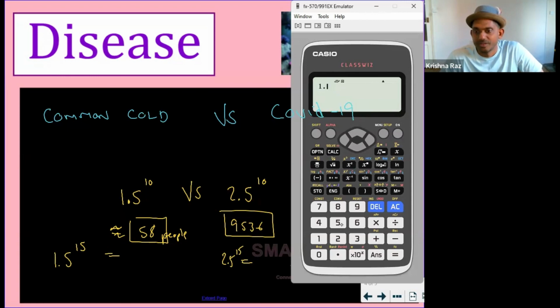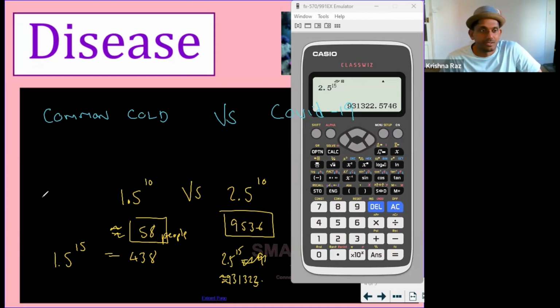So 1.5 to the power of 15 is 438. 2.5 to the power of 15 gives us, look at that, we're pushing 1 million. 931,322. Should have rounded that up to 323. So 931,323 people, roughly. So that is just compound interest.